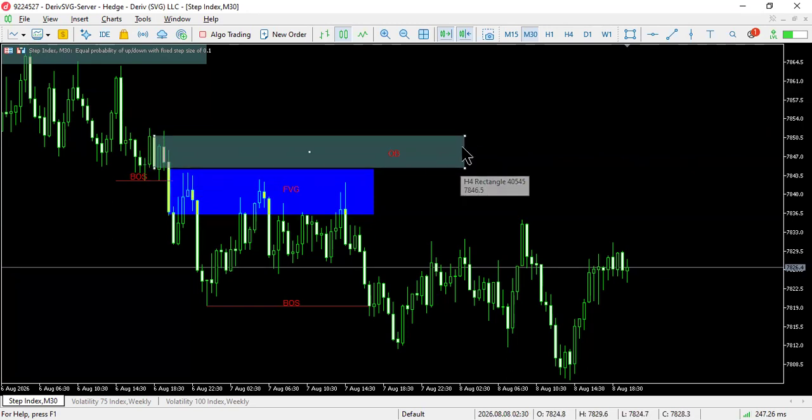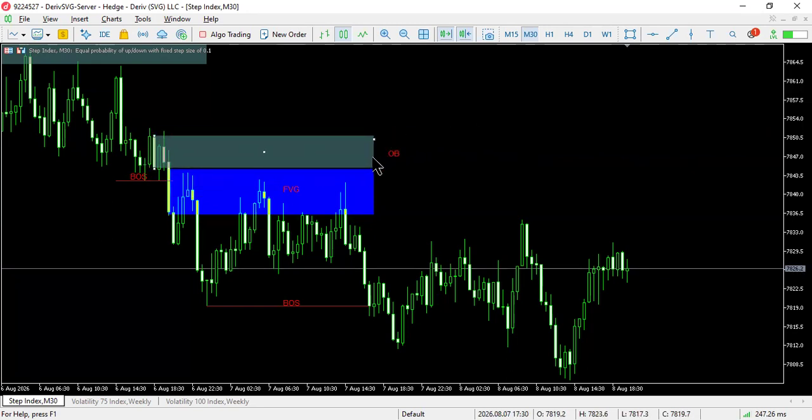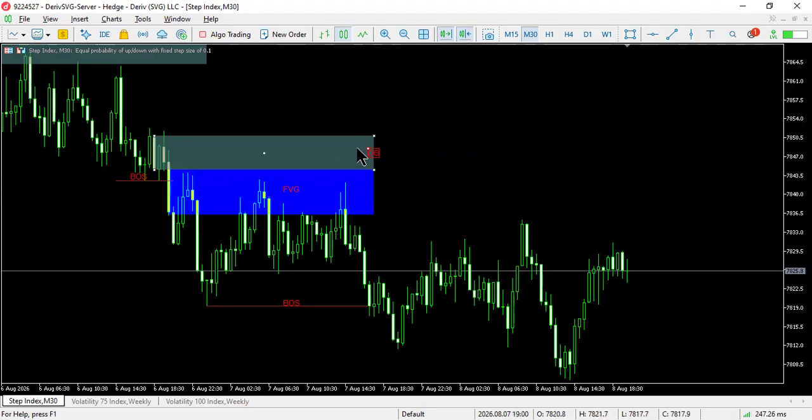So just adjusting my order block. And then we have this internal break of structure right there.